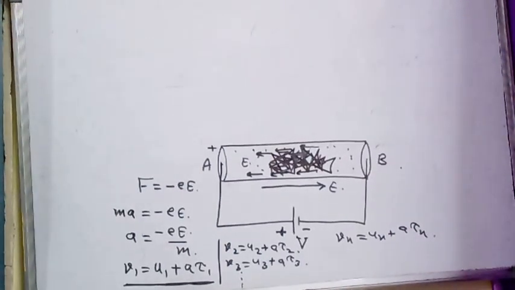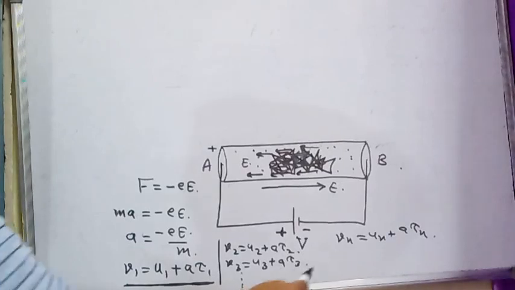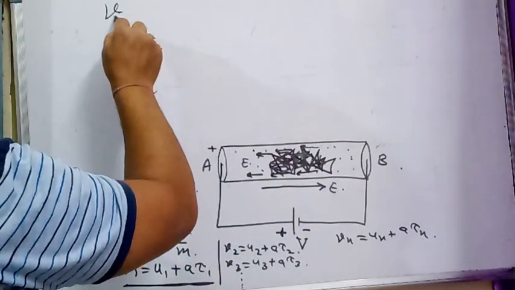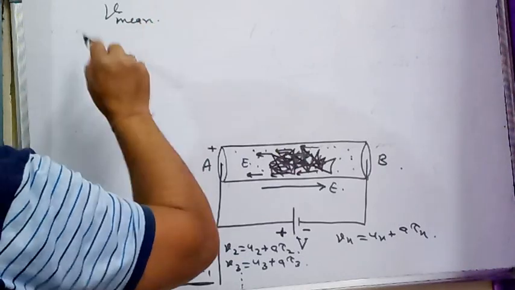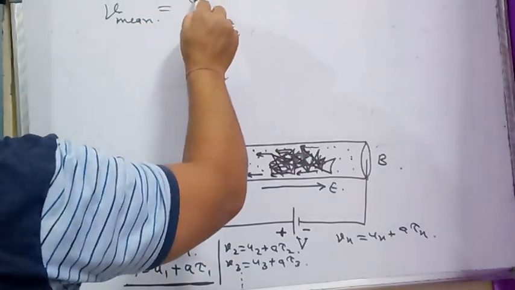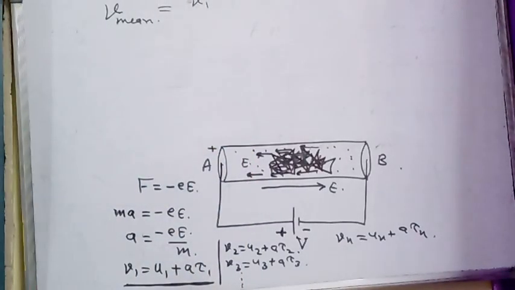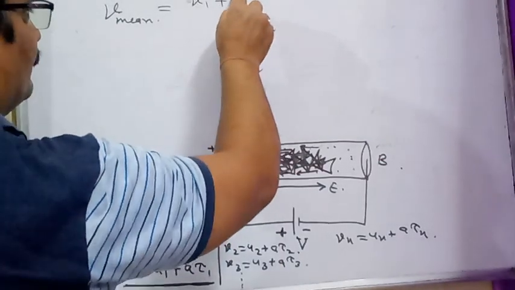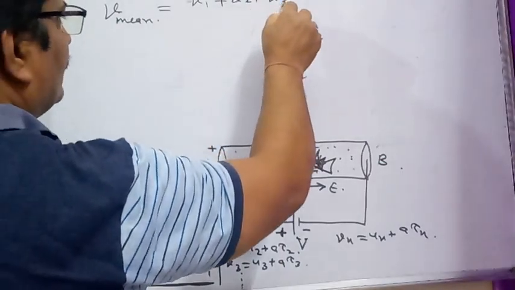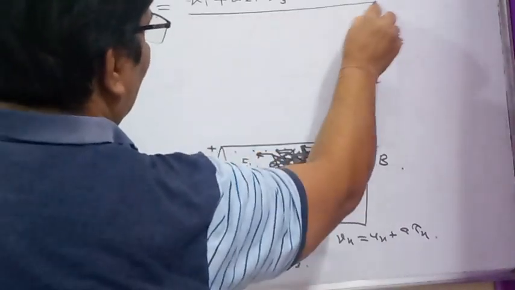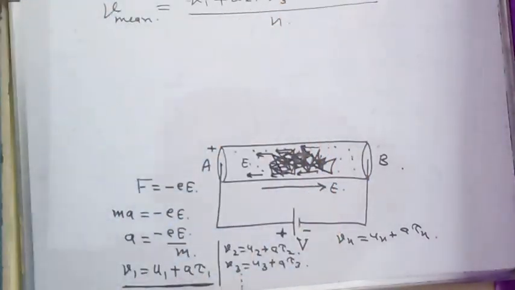Now what is the mean or average velocity acquired by all the electrons in this conductor? V mean is going to be V1 plus V2 plus V3 plus and so on, Vn, divided by the number of electrons, that is n.